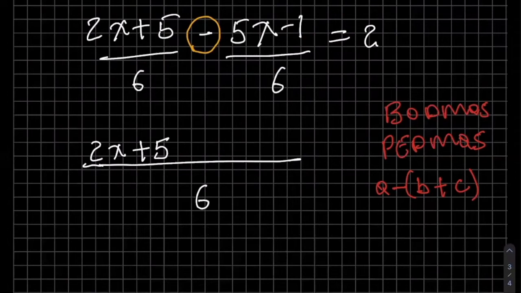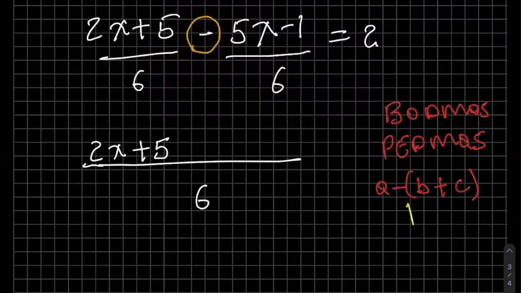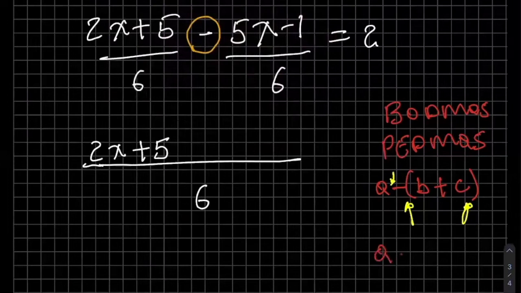But if we want to remove the parentheses, we're going to distribute the negative to both b and c. So what we have in here is a minus b minus c.